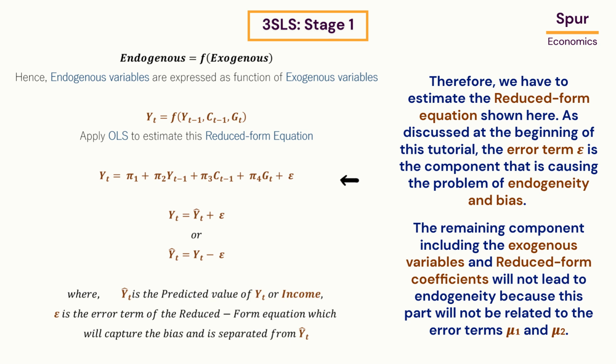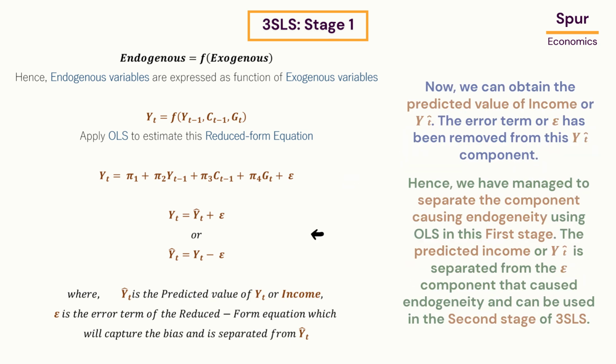As discussed at the beginning of this tutorial, the error term epsilon is the component that is causing the problem of endogeneity and bias. The remaining component, including the exogenous variables and reduced form coefficients, will not lead to endogeneity because this part will not be related to the error terms mu1 and mu2. Now, we can obtain the predicted value of income or YT cap.